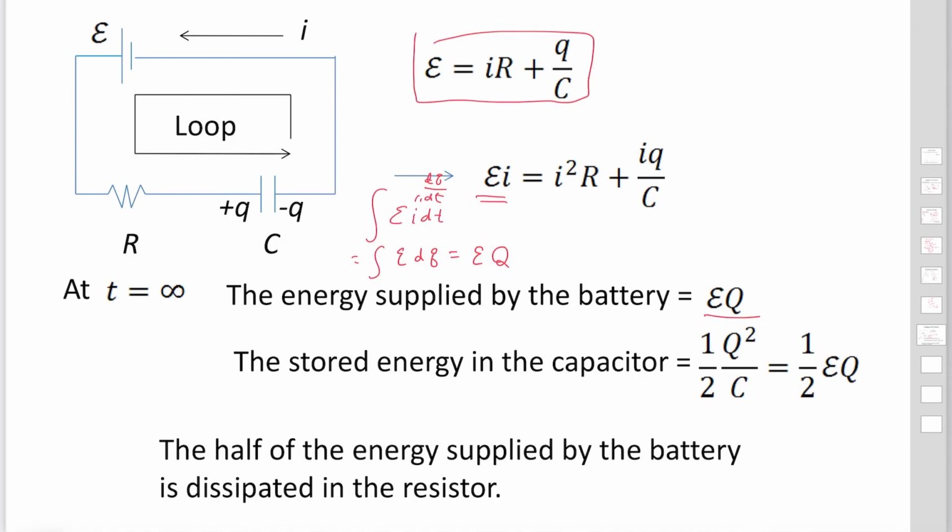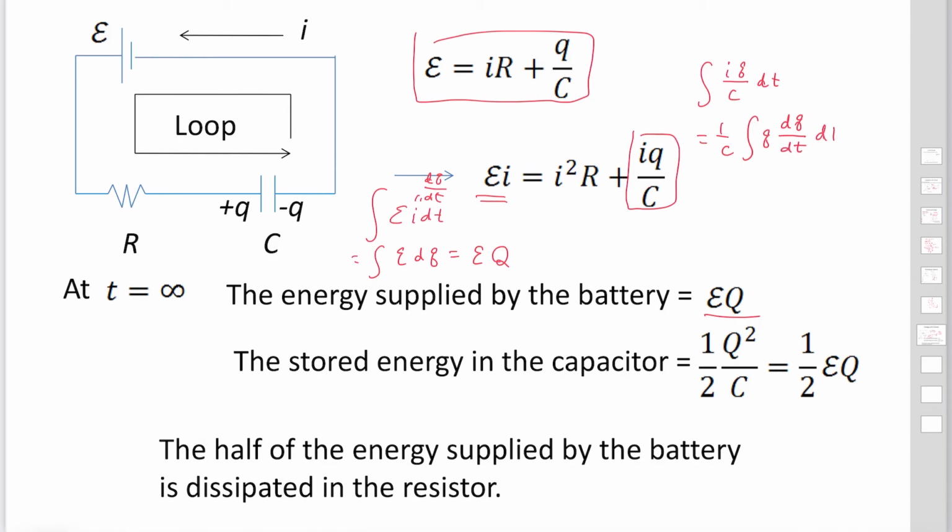The stored energy in the capacitor can be calculated from the second term on the right. Integrating I Q over C dt equals 1 over C times q dq.